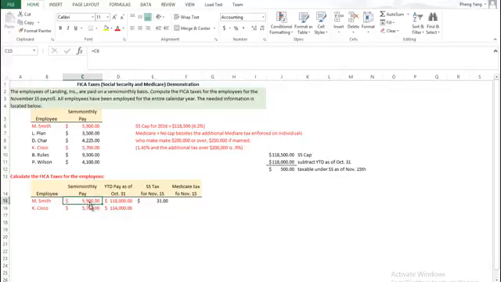Instead of taking the $5,900 and multiplying it by 6.2%, only $500 is taxable for Smith as of November 15th. This means that the next pay period, which is November 30th or the end of November, none of his earnings will be taxed under Social Security.